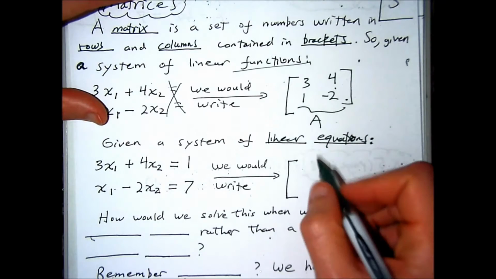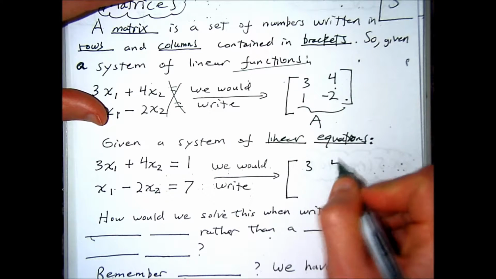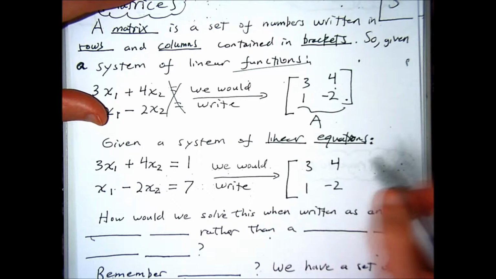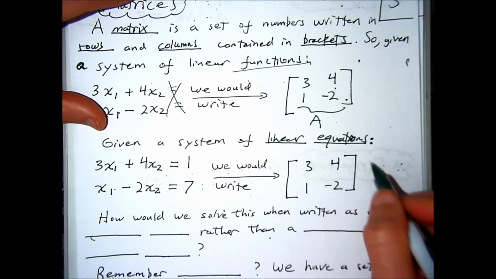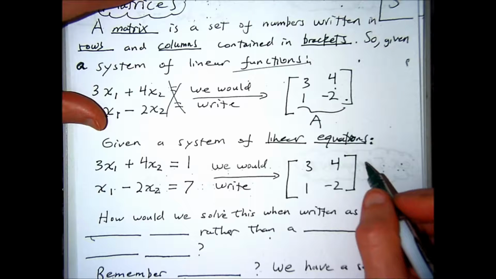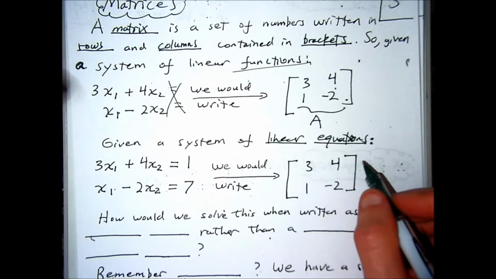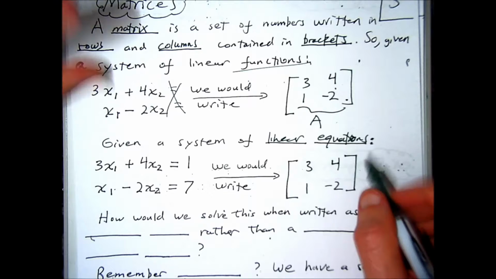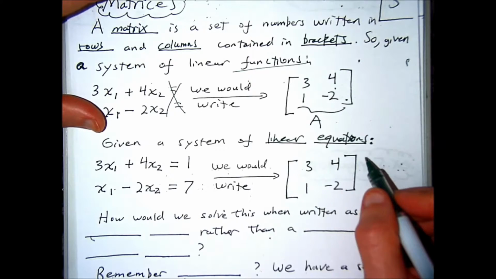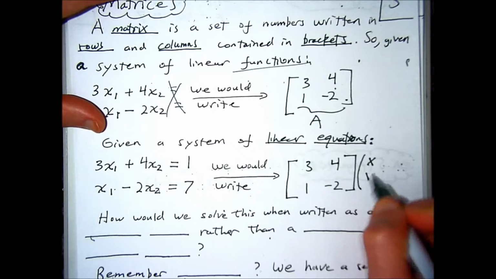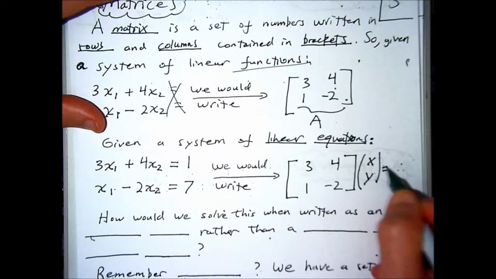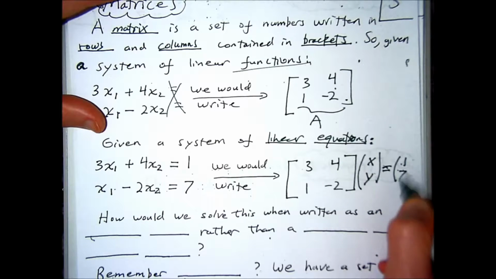And I would write it as 3, 4, 1, negative 2. And it's nicer, instead of writing an augmented matrix, I'll do this once here and probably won't do it again until chapter 6. But you might write x, y equals 1, 7, right?